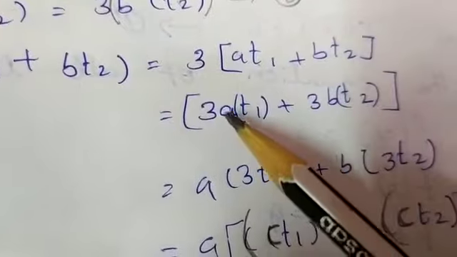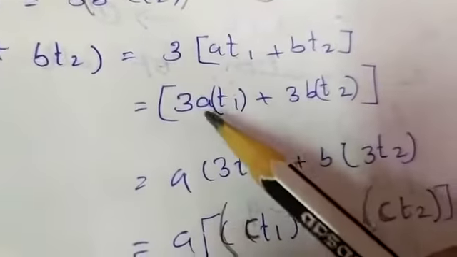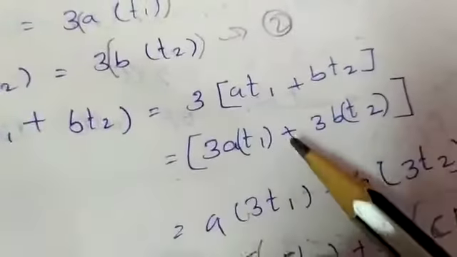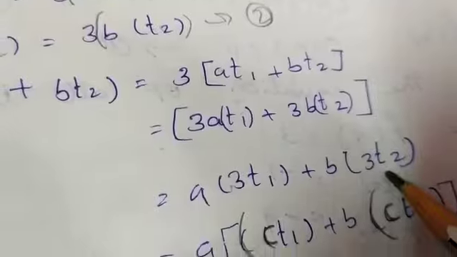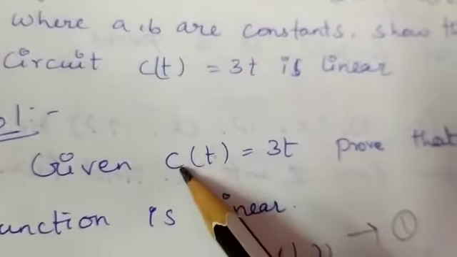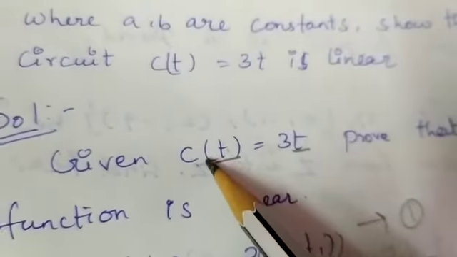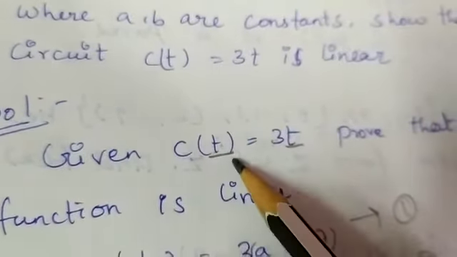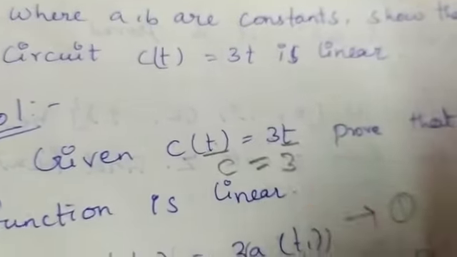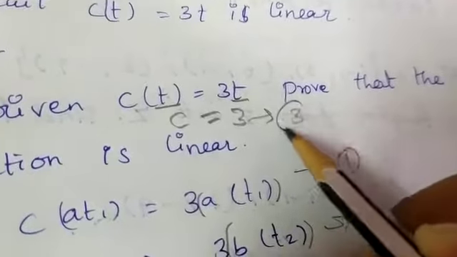Now the 3 can go inside and a and b can come outside. That is a into 3T1 plus b into 3T2. Then C of t equal to 3 of t, that is t and t are common here, so we can find from here C equal to 3. We take this as equation number 3.